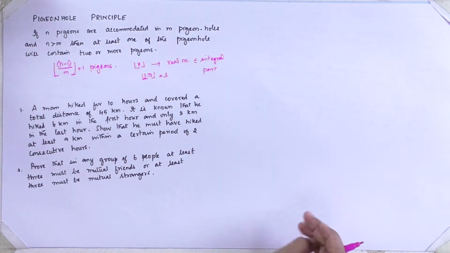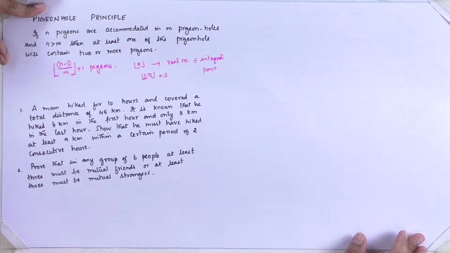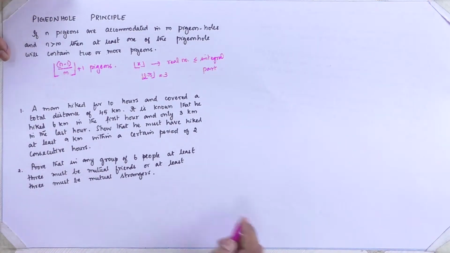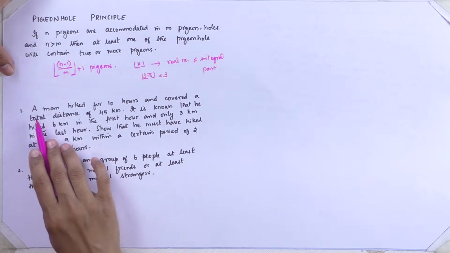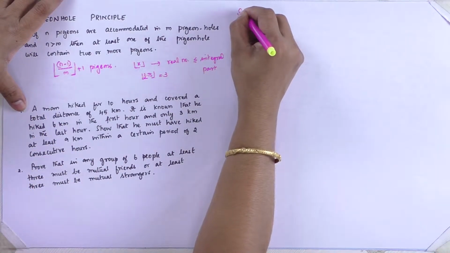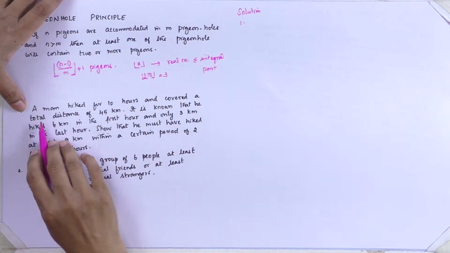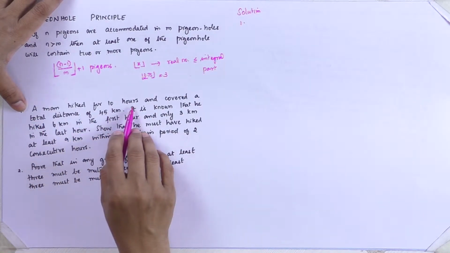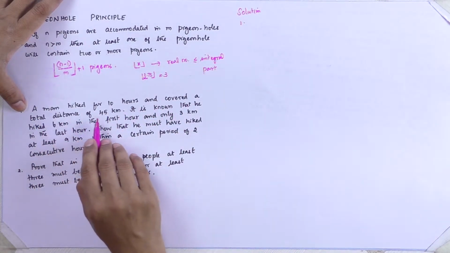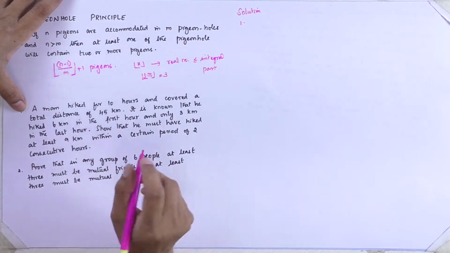Now let us see a very good example which everybody in day-to-day life will come across. Here we have a problem. A man hiked for 10 hours and covered a total distance of 45 kilometers.